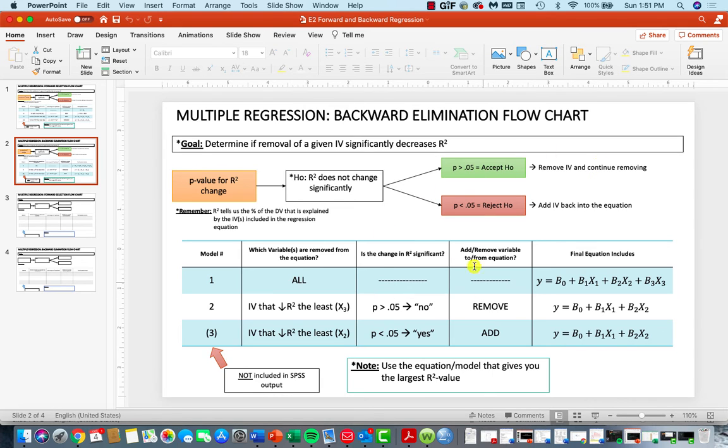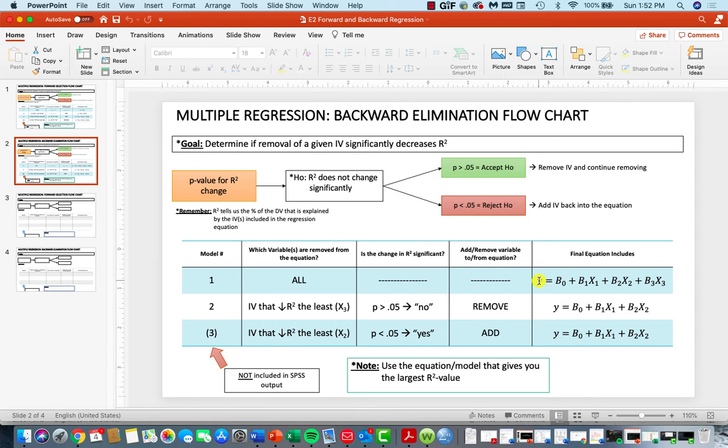So when we look at this in a hypothetical situation, again, model 0 in SPSS, in this case I'm calling it model 1, we put all of the variables into the equation, okay? Obviously the change in R squared is going to be significant because we have all of the variables in, and we're not removing or adding anything from the equation yet.